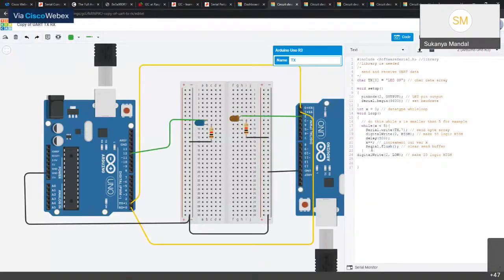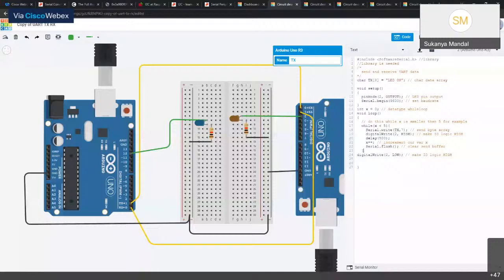Then we make the digital write pin high, and the signal flow stops on the transmission side. You'll understand this a little more in depth once we start the simulation.